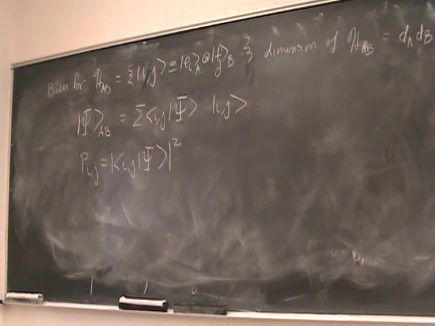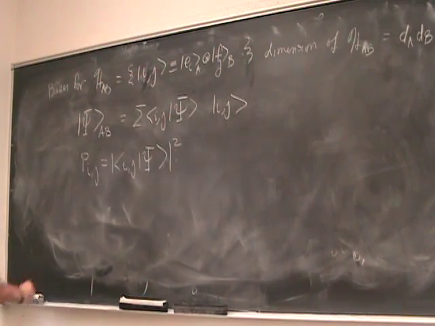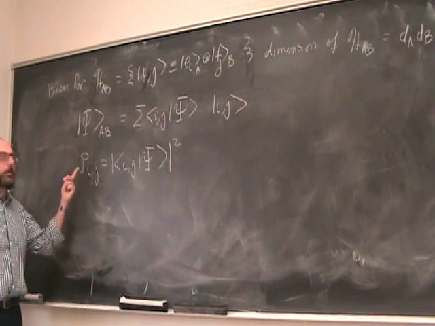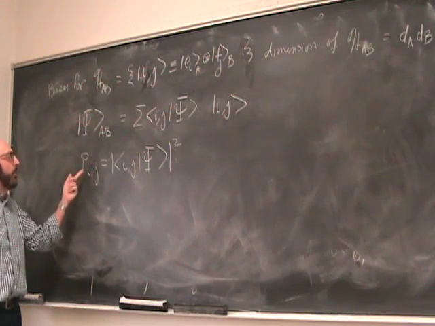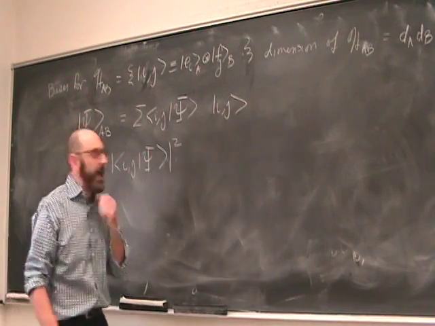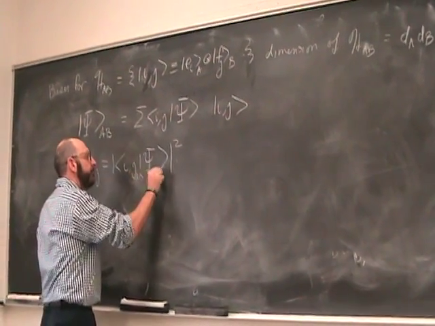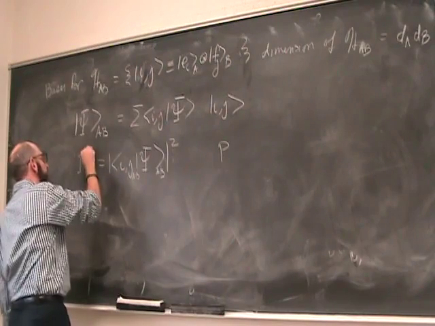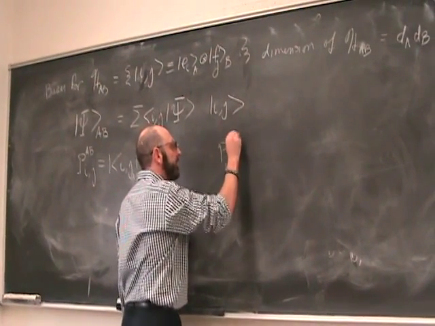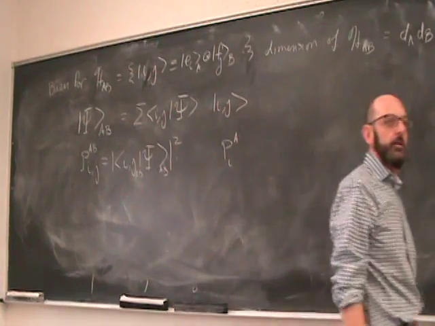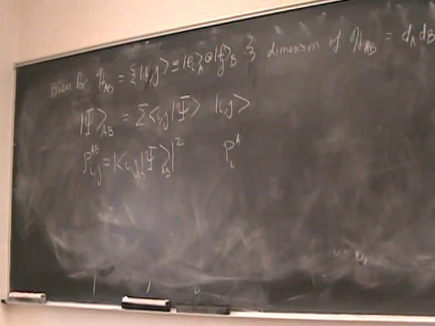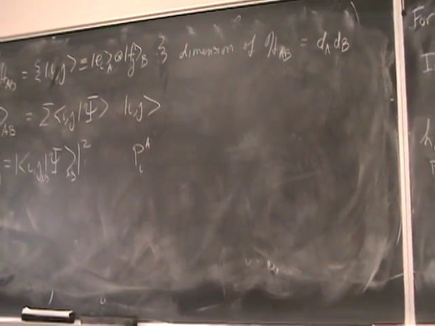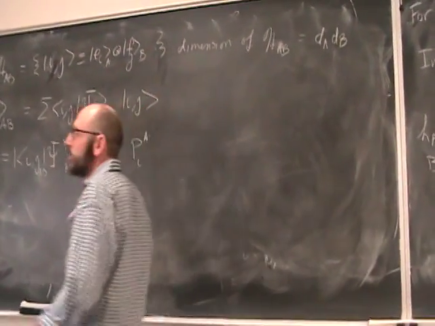So now, if I wanted to ask what is the marginal, what's the probability of seeing outcome I on system A? This is joint on A and B together, so this is a joint probability on the joint system. I want to know the probability to find outcome I if I just do a measurement of system A, and I don't care what happens to B. How can I determine this probability distribution?